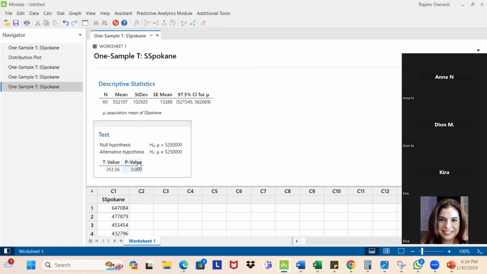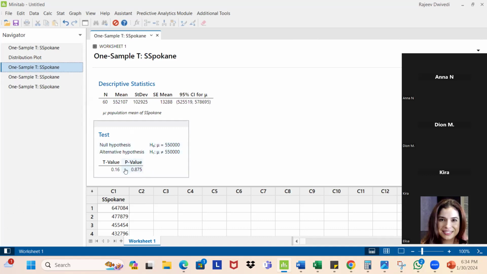So you see the p-value. P-value is also a decision-making factor, at what level of significance this is. Always remember, if p-value is less than alpha value, then the alternative hypothesis is correct and you reject the null hypothesis.